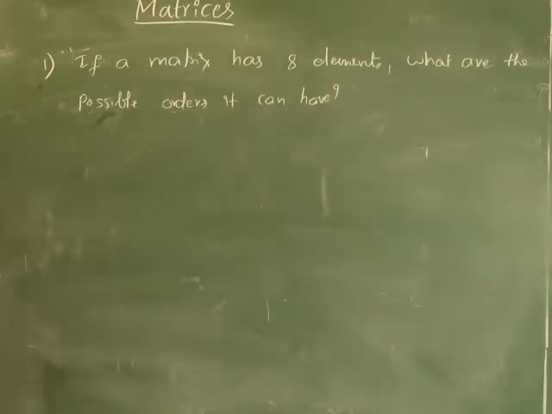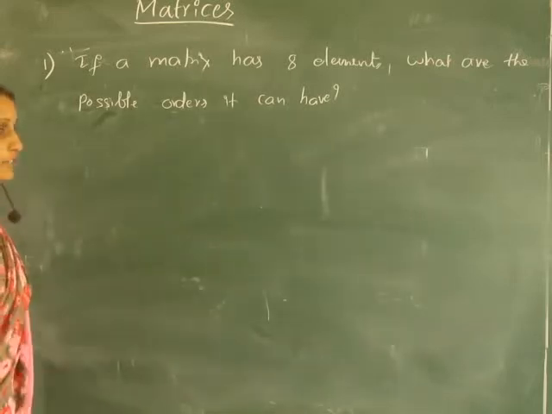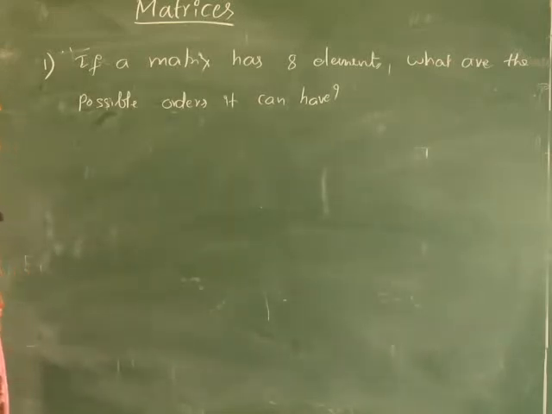So the question is, if a matrix has 8 elements, what are the possible orders it can have?